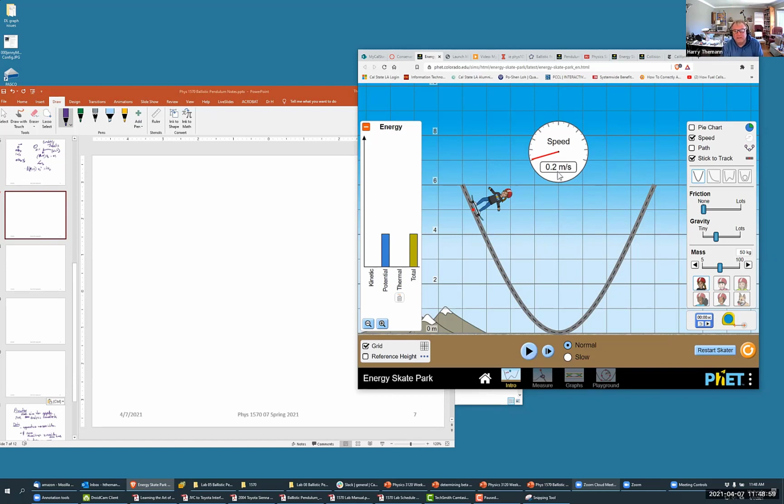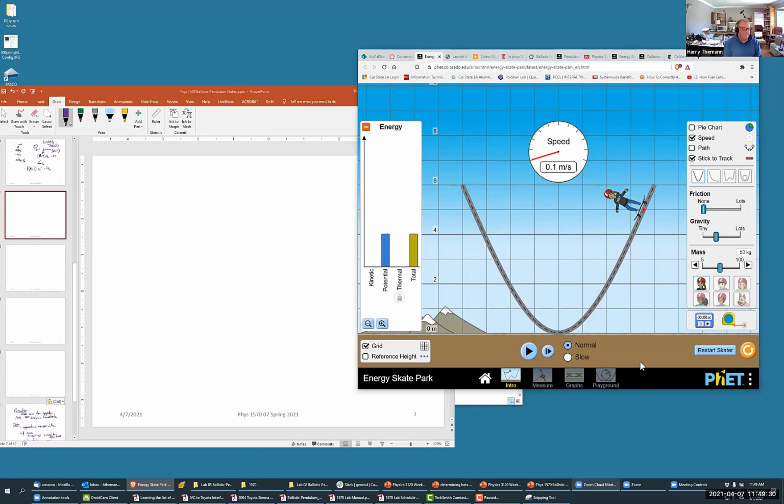Notice that when she gets close to the top, to the point she started at, the speed comes down to 0. Well, it didn't give me the very last point. But her speed started at 0, and when she comes back up, it stays at 0.